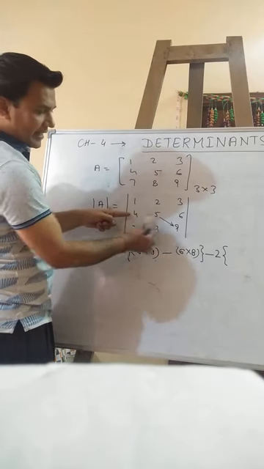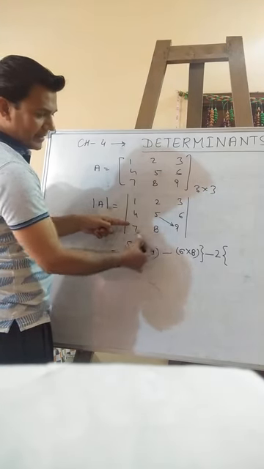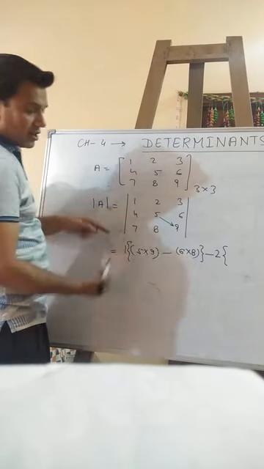Now we take these 4 numbers, 4, 6, 7, 9. With the same pattern, first 4 multiplied by 9, minus 6 multiplied by 7. Then apply a plus sign. The first value is positive, second negative, and the third is positive. This is the order to take the signs.